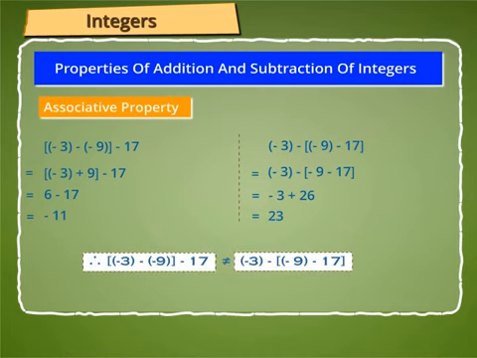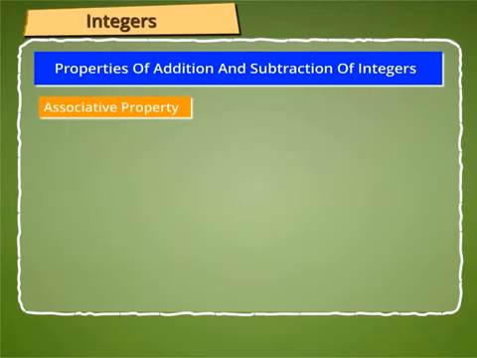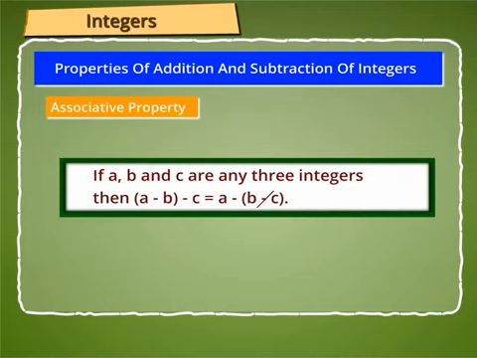Therefore, (minus 3 minus minus 9) minus 17 is not equal to minus 3 minus (minus 9 minus 17). Thus, subtraction is not associative for integers. Hence, if a, b and c are any three integers, then (a minus b) minus c is not equal to a minus (b minus c).